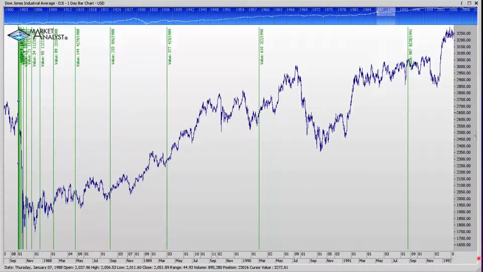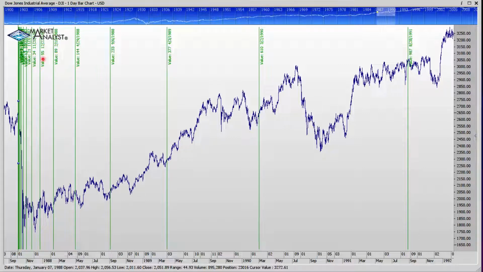This technique allows you to select any high or low and count forward any number of trading or calendar days forward based on Fibonacci numbers. We could call this the Fibonacci interval technique. For example, if you selected this high here, just a single click will allow you to display any number of Fibonacci numbers going forward.